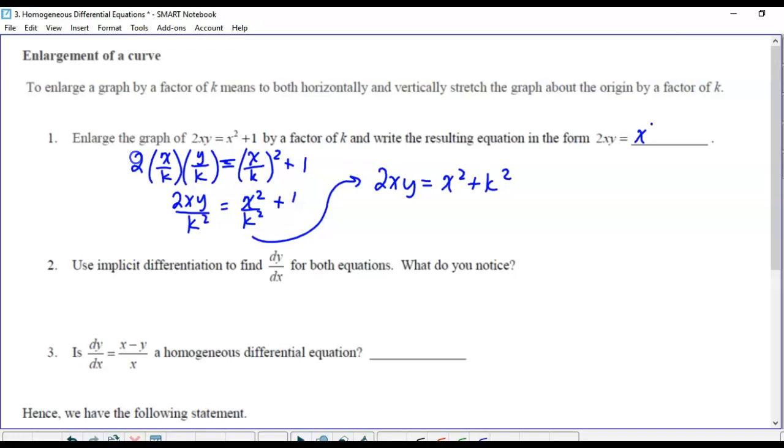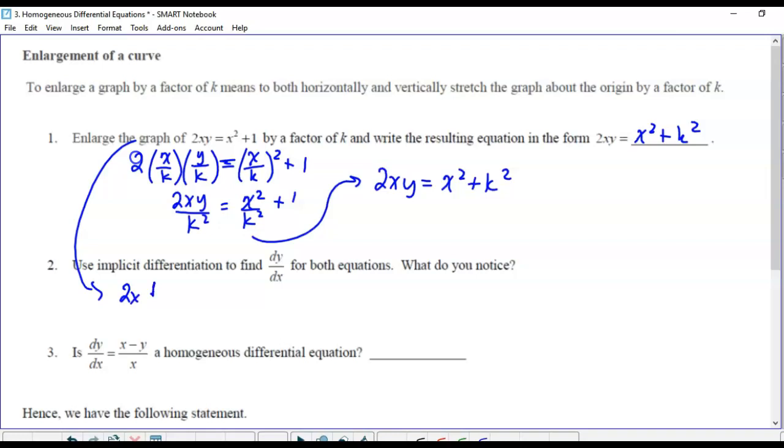Right, so really all that's changed there is that the 1 in the original is now k squared, if you're stretching both horizontally and vertically. Then it says use implicit differentiation to find dy/dx for both equations. You should know that it's the same because it's a constant, but just quickly do this first one.